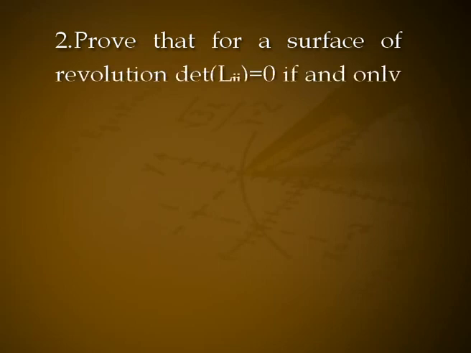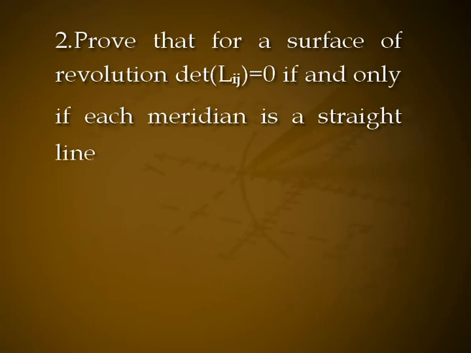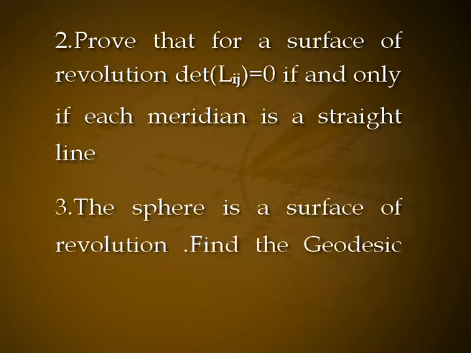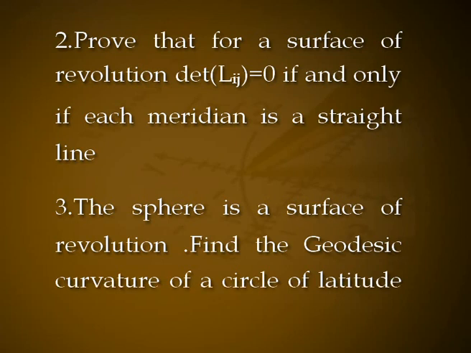Prove that for a surface of revolution, determinant of Lij is equal to 0 if and only if each meridian is a straight line. 3. The sphere is a surface of revolution. Find the geodesic curvature of a circle of latitude u1 is equal to constant.